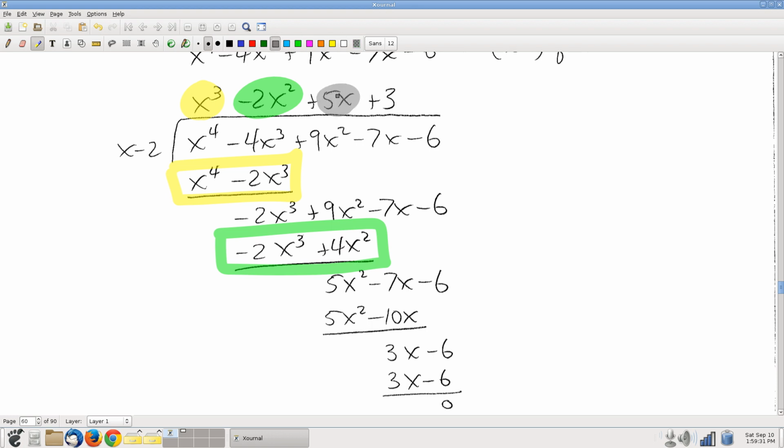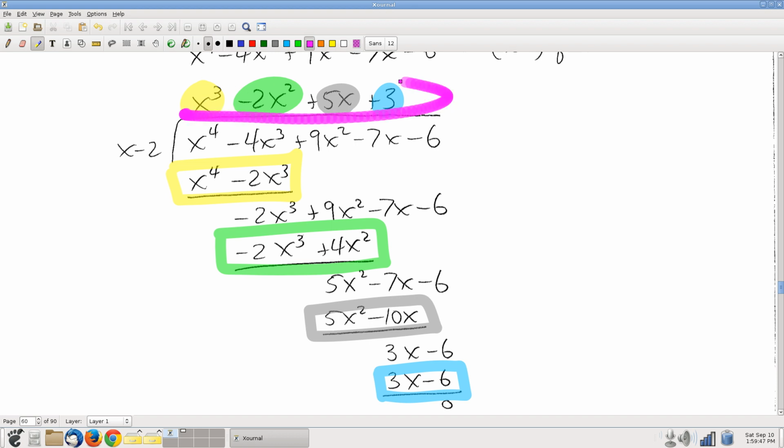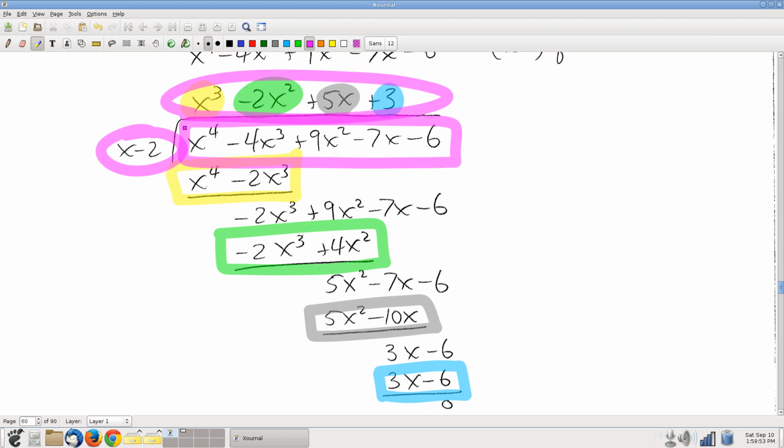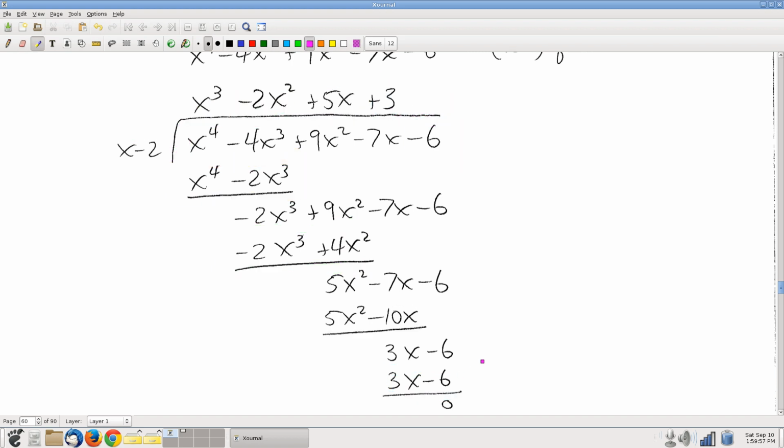This contributes that much. And lastly, this contributes that much. And having subtracted these things off, what I've in fact confirmed is that when multiplying this times that, altogether it has added up to what it was supposed to add up to. So like I say, it's a very transparent method. It's very clear why this works.